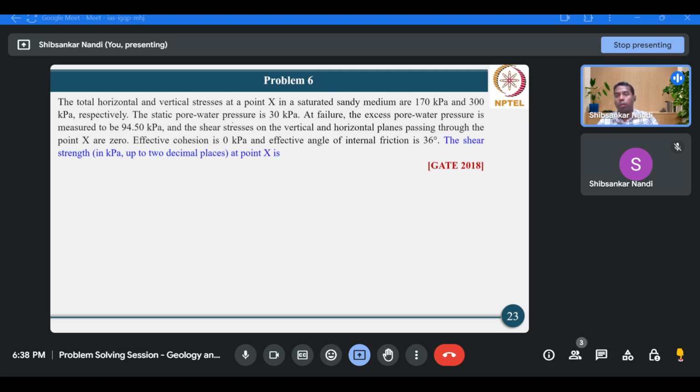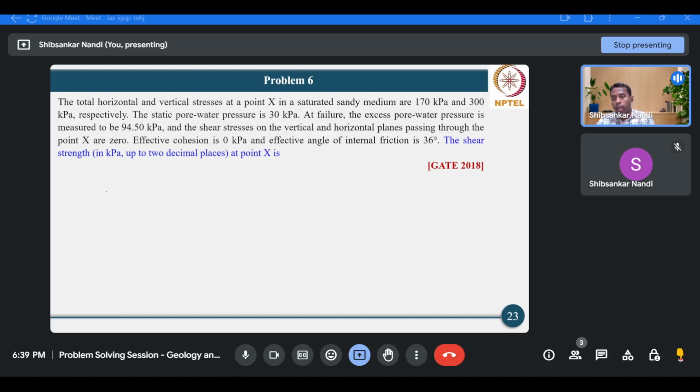The static pore water pressure is 30 kPa, and at failure, the excess pore water pressure is measured to be 94.50 kPa. The shear stresses on the vertical and horizontal planes passing through the point X are 0. The effective cohesion is 0 kPa, and the effective angle of internal friction is 36 degrees. We have to determine the shear strength in kilopascal up to 2 decimal places at point X.